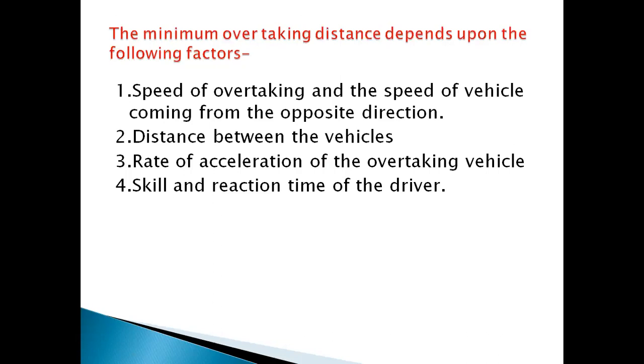The minimum overtaking sight distance depends on the following factors. First is the speed of the overtaking vehicle and the speed of the oncoming vehicle, then the distance between the vehicles, then the acceleration of the overtaking vehicle, and the skill and reaction time of the driver. The overtaking distance depends on these factors. Hope you all get this overtaking.